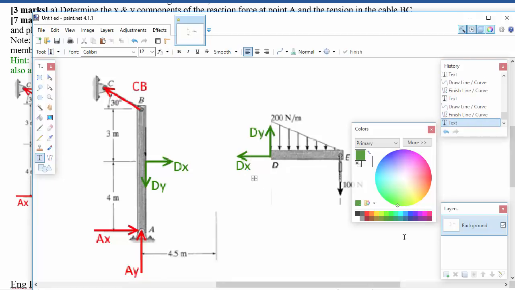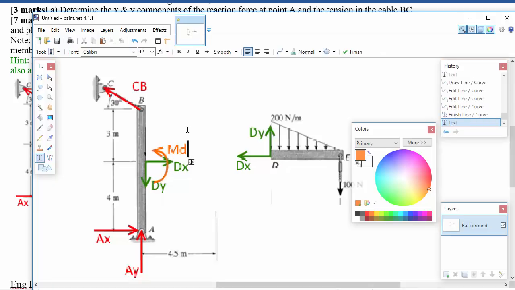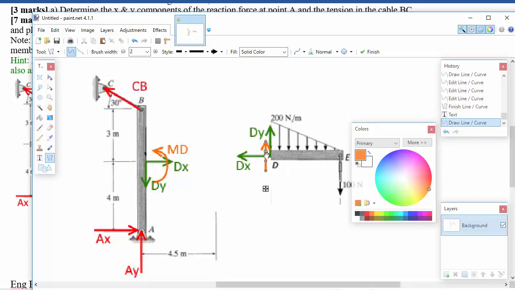Okay. So then for the moments, we are going to just grab a different color here. And how about something like this? Curve that around in order to draw our moments there, MD. And we can do the same thing on the other side. So if we are going that way, kind of counterclockwise, creating a moment on ADB, and then ADB has to be creating a clockwise moment on DE.